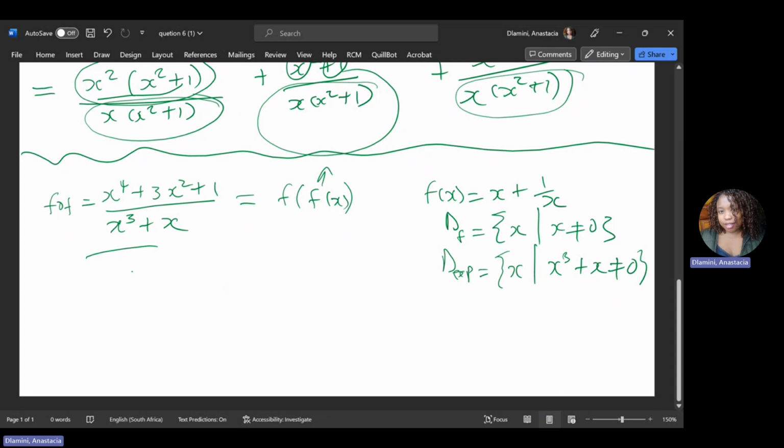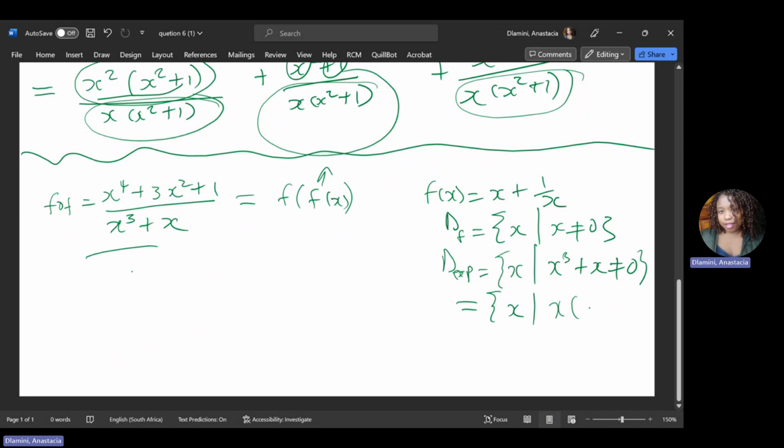So basically, that's where we are. Okay, let's simplify this before we actually continue. So then this will be equal to x is an element of real numbers such that x, let's take out x in this case.